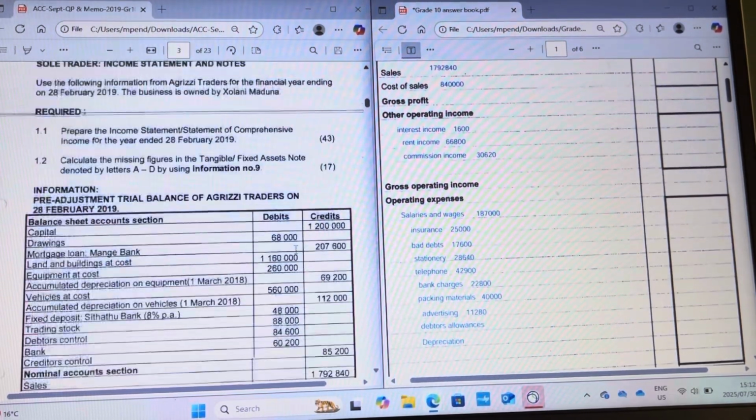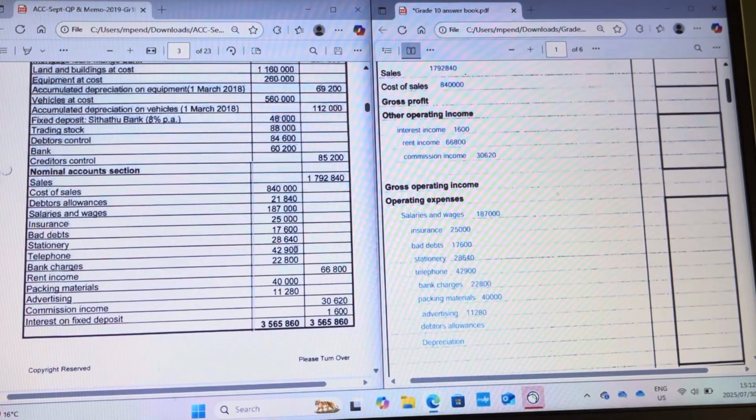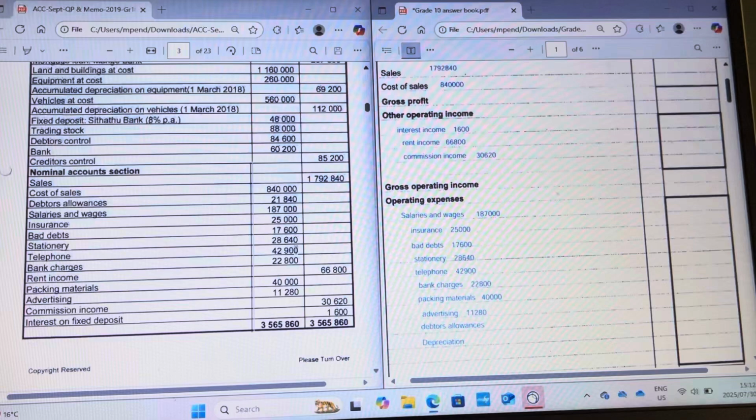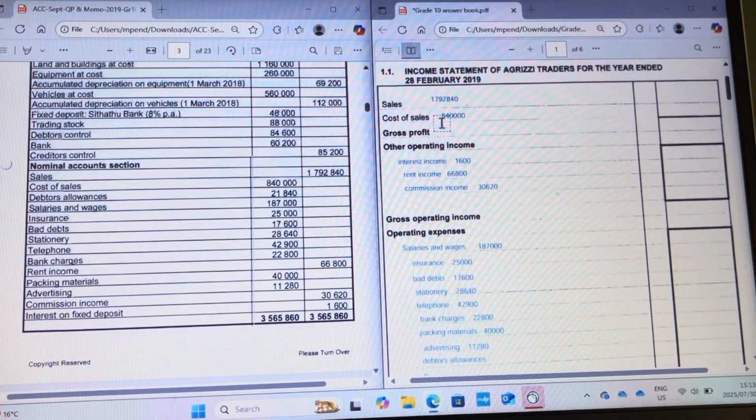So your debits are your expenses, your credits are your incomes. That's a cheat. Sometimes it works, but you need to be subjective when it comes to that. And that would mostly affect your cost of sales. But generally, cost of sales is an expense, so it's supposed to be a debit amount. Sales is an income, so it's supposed to be a credit amount.